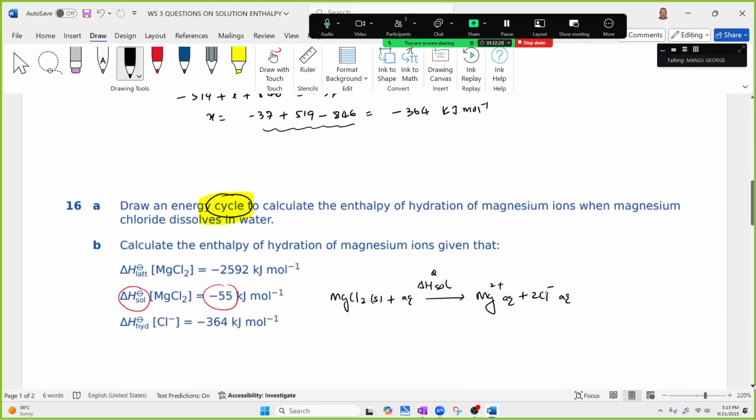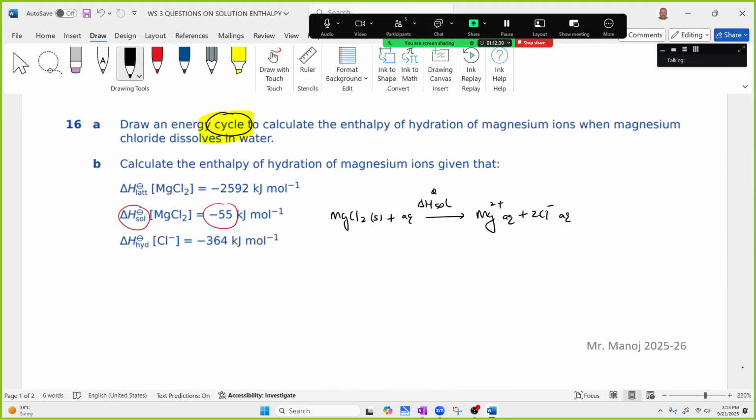And what about this one? So I have here Mg2+ gas, and I'm going to have 2Cl- gas. So this arrow will go this way. This will always go this way and this way. That's the Hess loop. Okay, just put in all the numbers. So lattice is given as minus 2592.